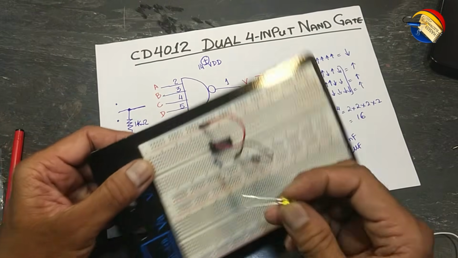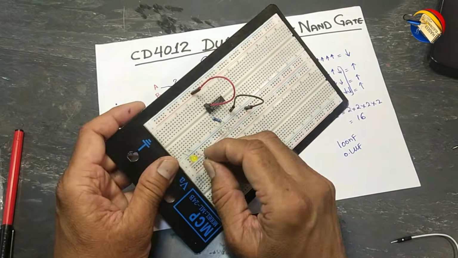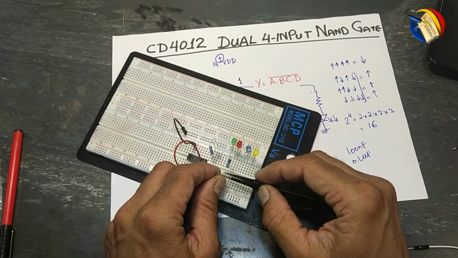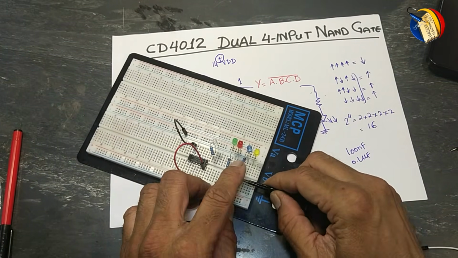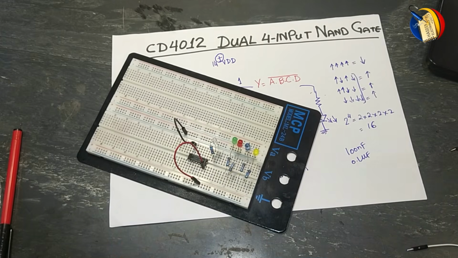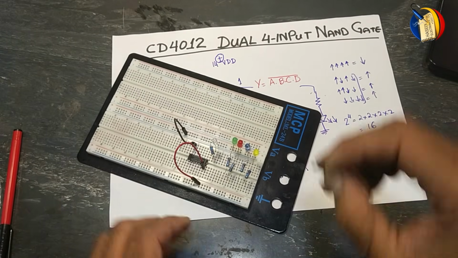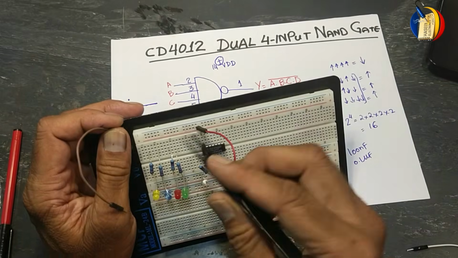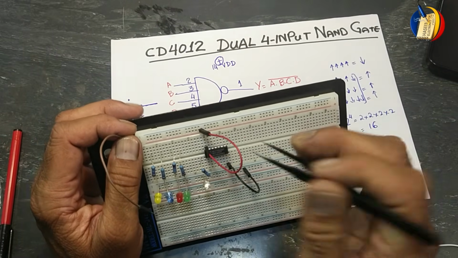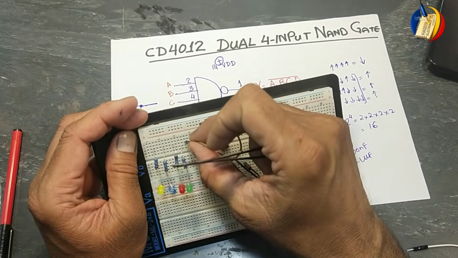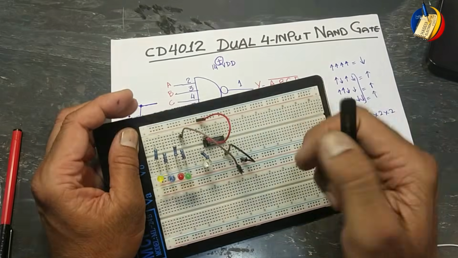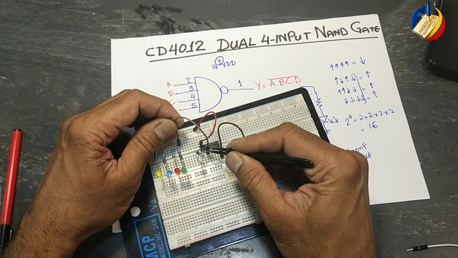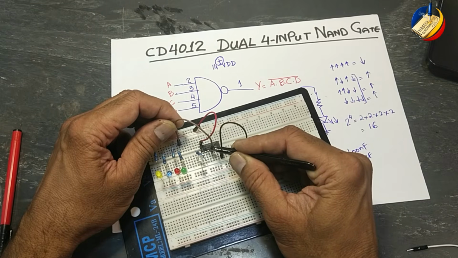We will connect 4 LEDs. This will go to 2, 3, 4, 5.